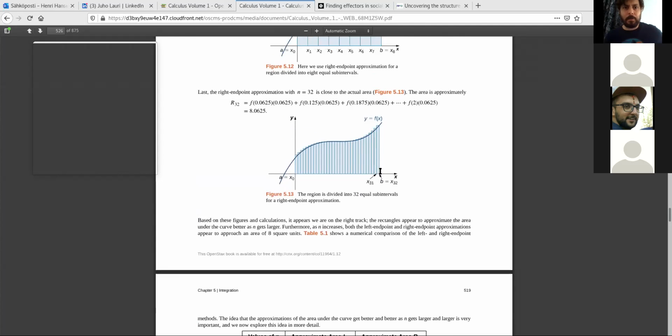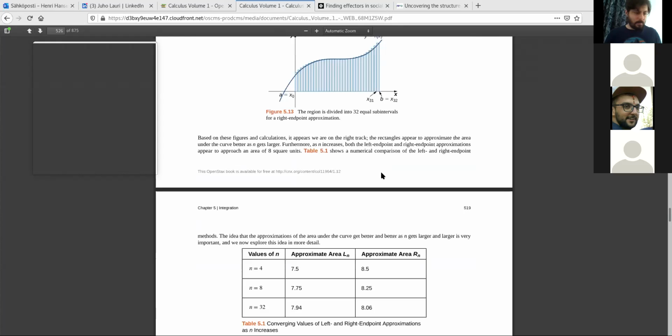I'm just going to write it like this: one is f(xi) times delta x, and the other is f(x_{i-1}) times delta x, right? So for each box we have these two approximations. One of these two is too big and one of these two is too small, right? But remember the intermediate value theorem, right?